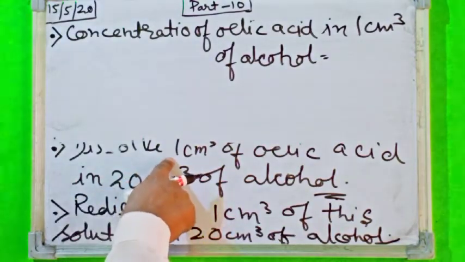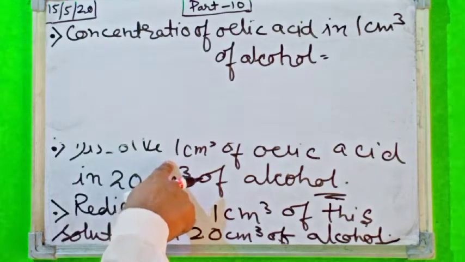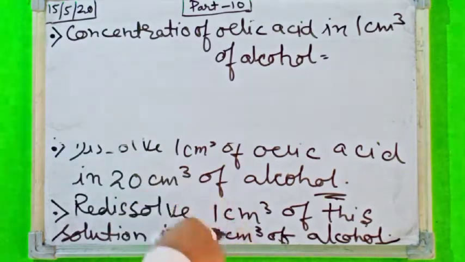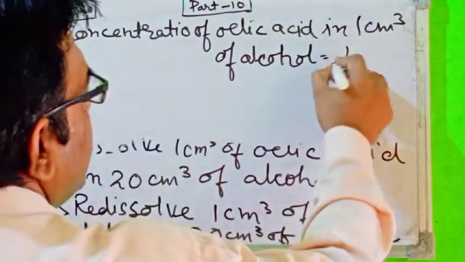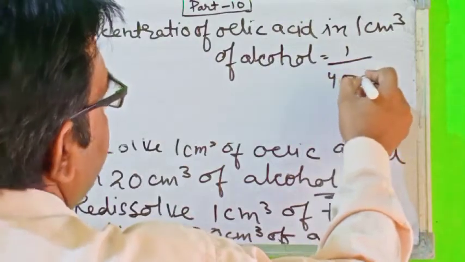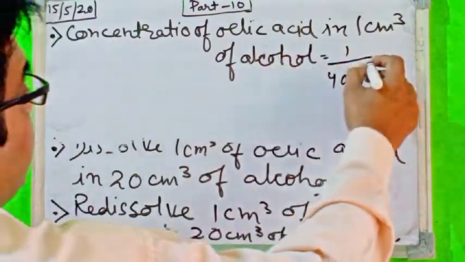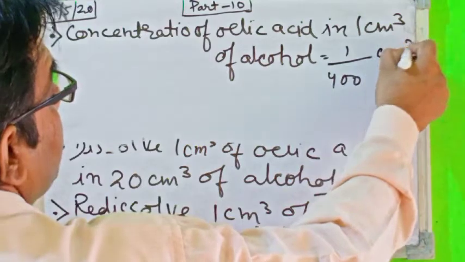Here the concentration is 1 upon 20 into 1 upon 20, that is equal to 1 upon 400 centimeter cube.